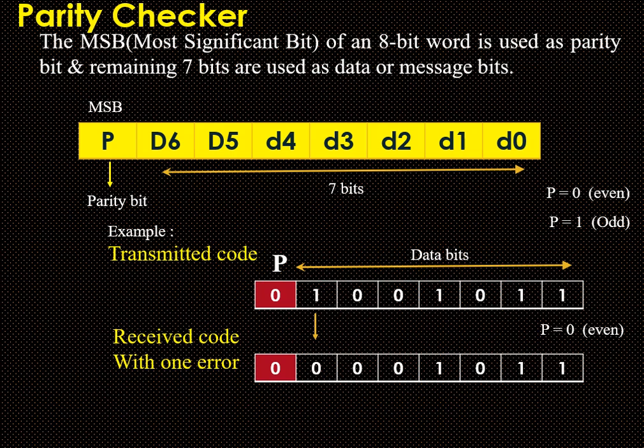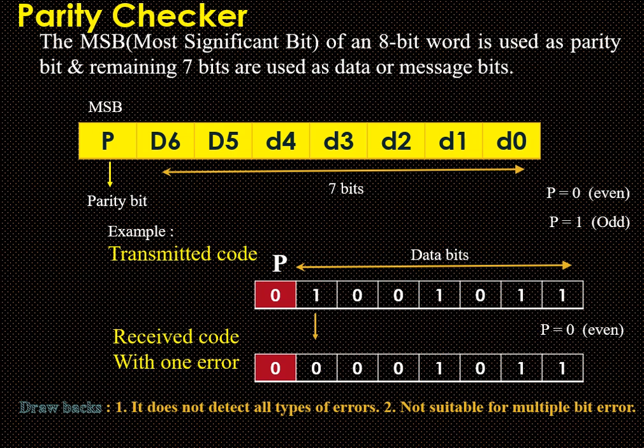There are some drawbacks in the parity checker. It does not detect all types of errors, and it is not suitable for multiple bit errors. This is the first error detection and correction technique.